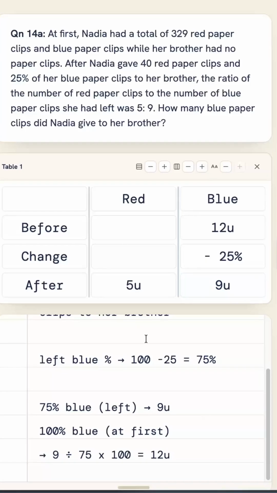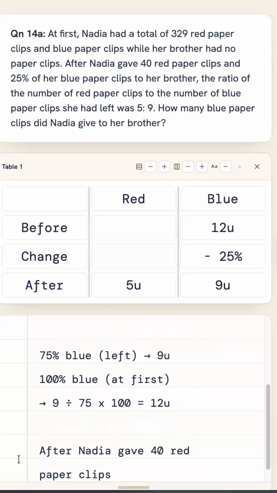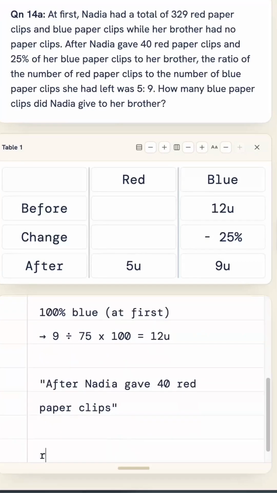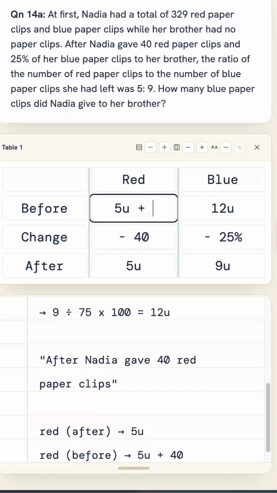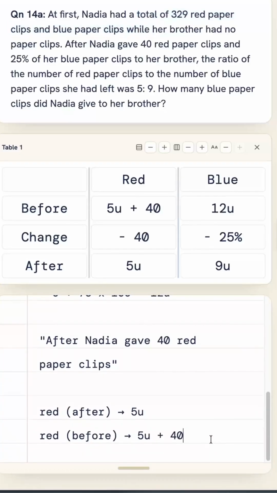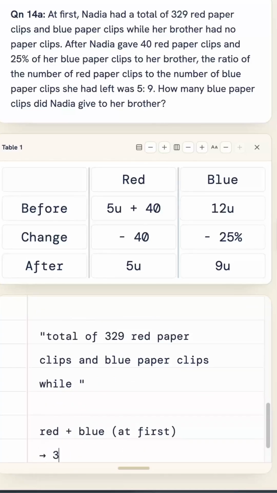Okay, now the next part is after Nadia gave 40 red paper clips. So the red after is equal to 5 units, and the change is minus 40. So that means the red before is 5 units plus 40. Do we know the total at first? Yes, this one. From this statement, we can write red plus blue first is equal to 329.